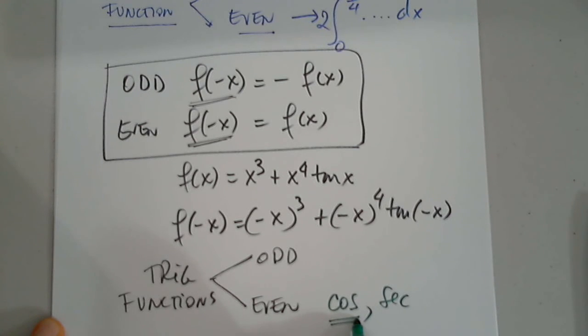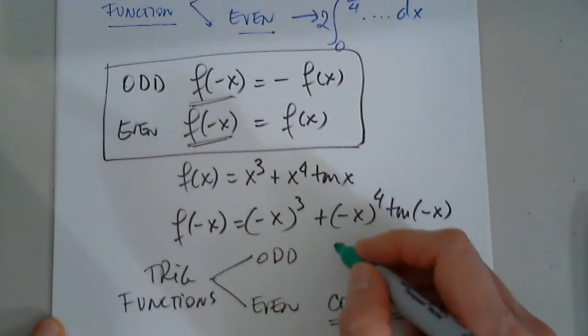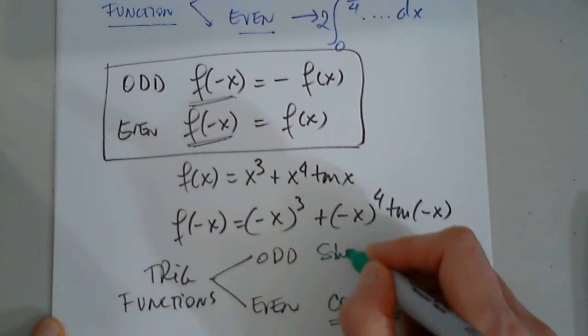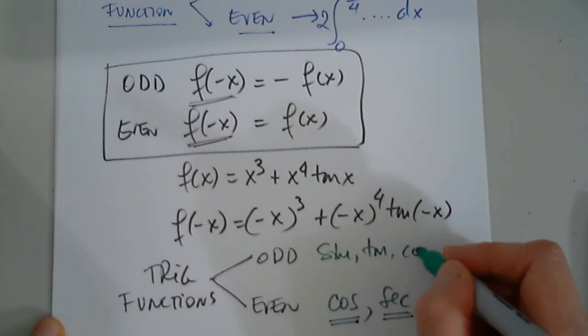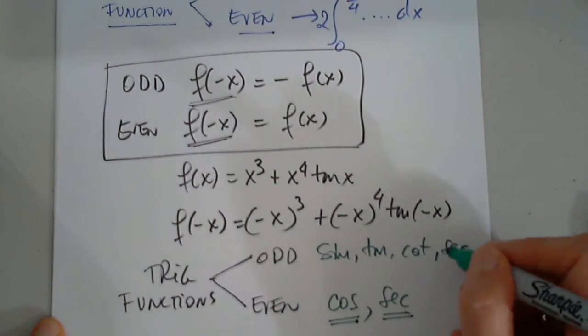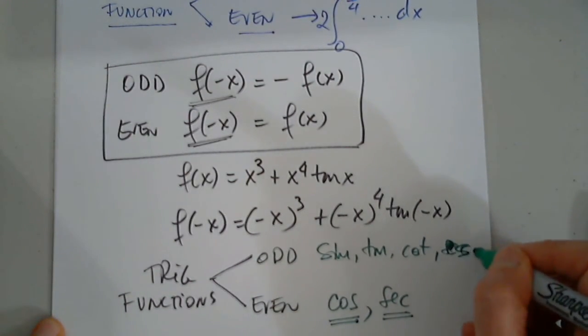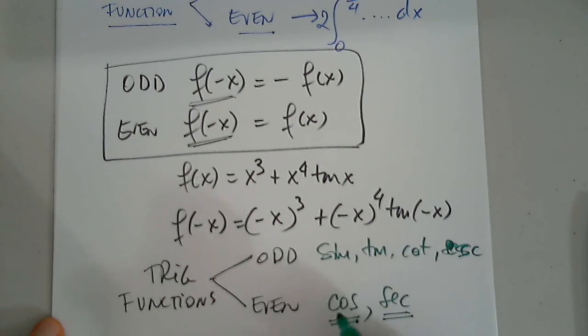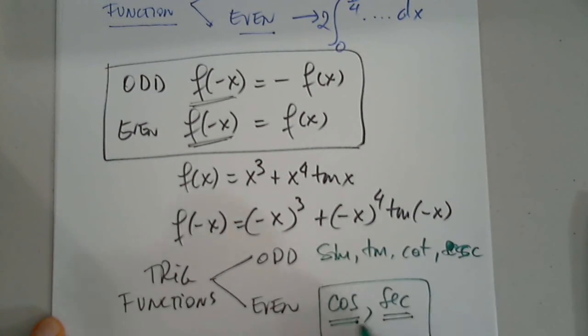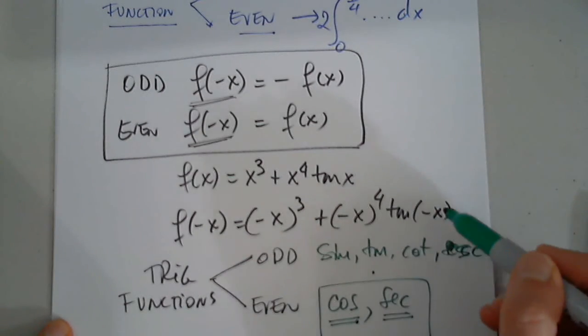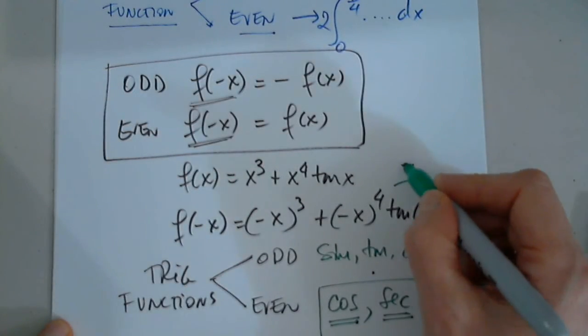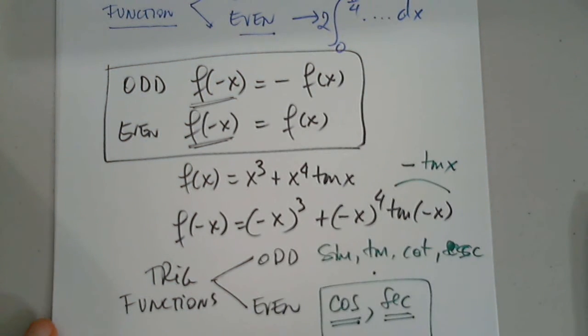Only cosine is even, and the other function that has only cosine in it. Everything else is odd: sine, tangent, cotangent, cosecant. Okay, only cosine and secant are even. So tangent is odd. So tangent negative x will change into negative tangent x.